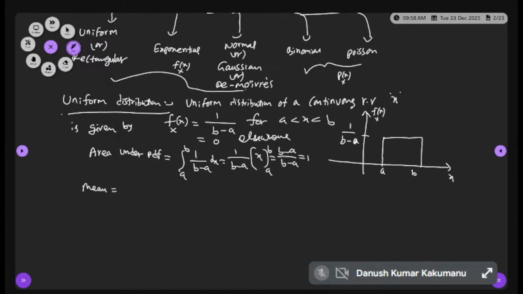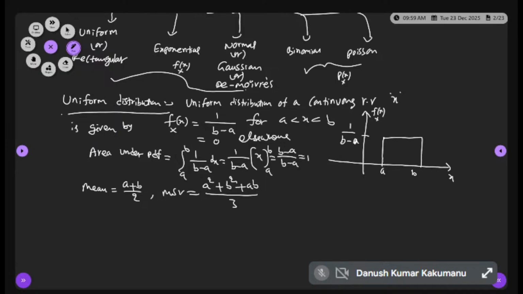What is another name of uniform distribution? Rectangular. What is the mean of the uniform distribution? It is a plus b by 2. Standard formula. Mean square value is a square plus b square plus ab by 3. Hope some of you have done these derivations also in your BTech.